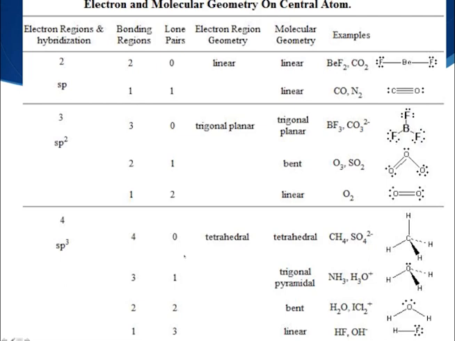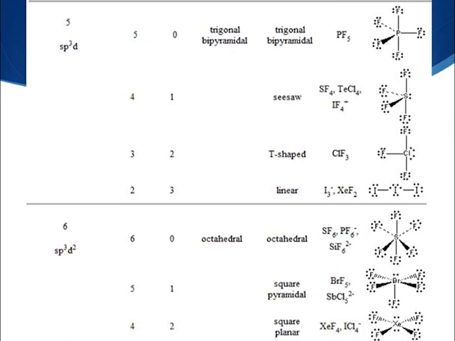So charts like this help you understand and get a visual picture of what each means. But keep in mind that everything does have both an electron geometry and a molecular geometry. They could be the same thing or they could be different things. So this is the other part, just the rest of the chart that you would be able to use to help yourself.